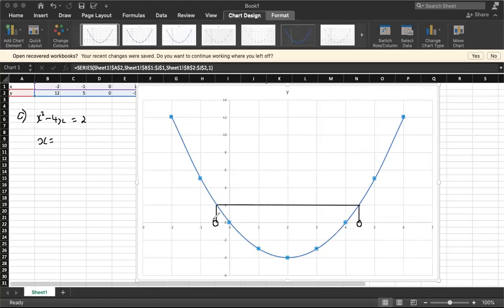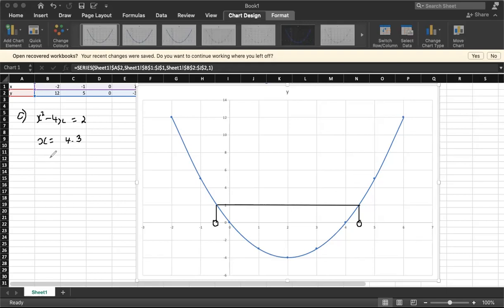I'll say 4.3. 4.3. Okay. And what did they say in the book, in the answers here? They had 4.4, okay, which is close, you see. So you said 4.3.